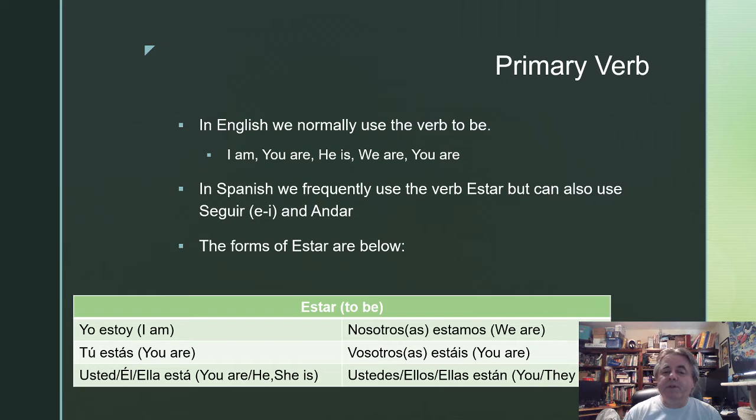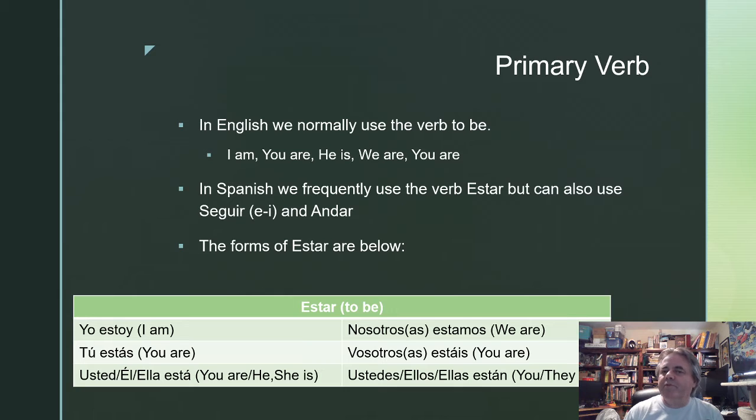Nosotros, which could also be nosotras, would be estamos. Vosotros, which same thing, could be vosotras, is going to be estáis. That's the you plural. Remember, that's primarily used in Spain. And then ustedes, ellos, ellas, están. So you guys, the you plural, or they are.